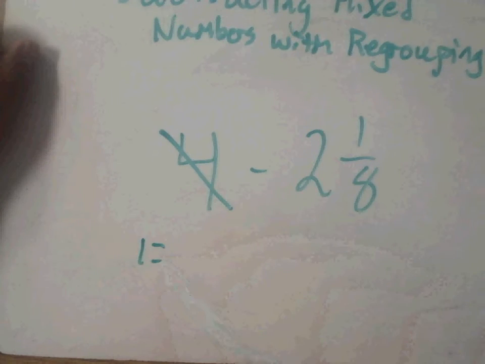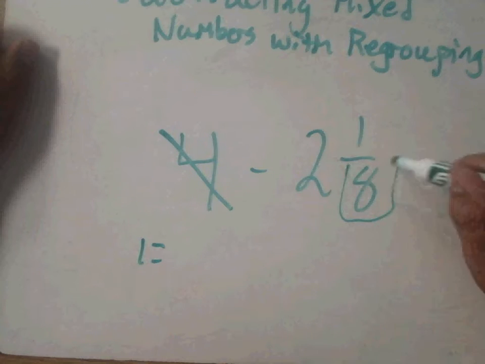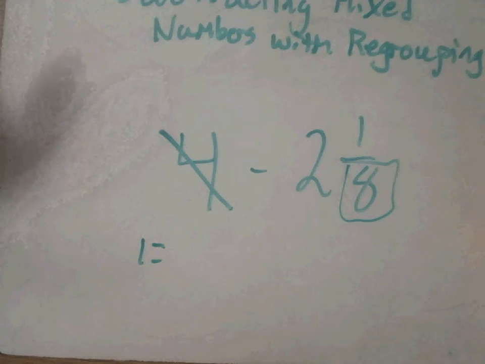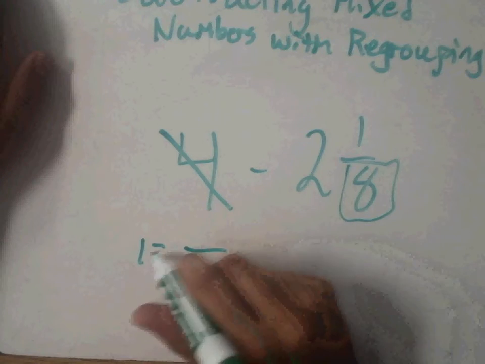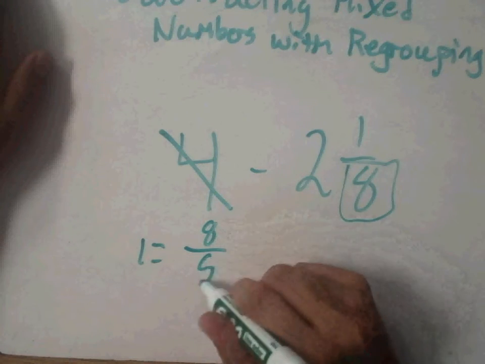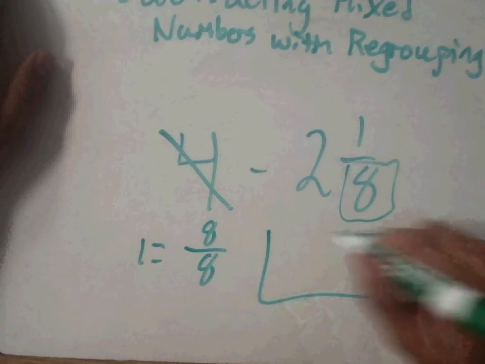So we're going to borrow 1, right? We see here that the denominator is 8. So we don't want to make this too difficult on ourselves. We want to make a fraction that has the same denominator because we know we have to have those to subtract. So we're just going to turn this 1 into 8 over 8.